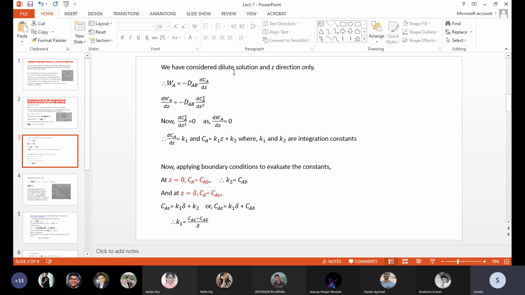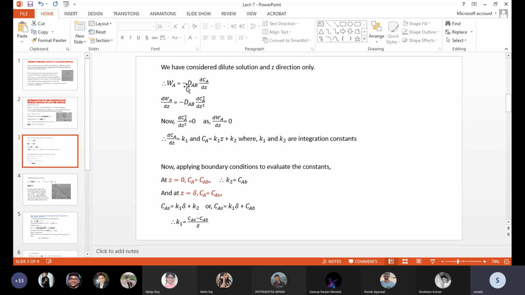Now, we have considered a dilute solution and the z direction only. We haven't considered any other direction. And it is dilute concentration, so bulk motion is neglected. Then we can use Fick's first law of diffusion, that is, WA, the molar flux, is equal to minus DAB dCA/dz.